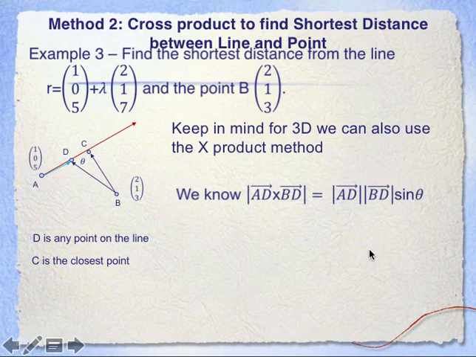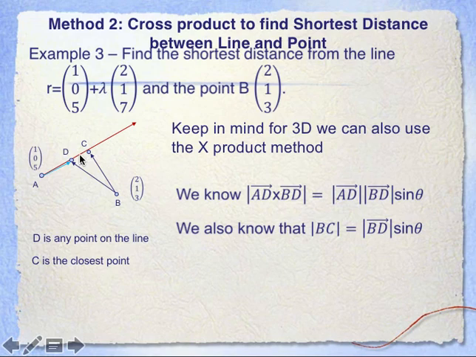We know because this is a right angle triangle, because C is the closest point, which is the perpendicular, that sine theta is going to be opposite over hypotenuse. So we can actually define BC as the hypotenuse, BD, sine theta.